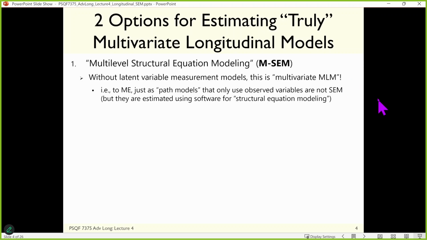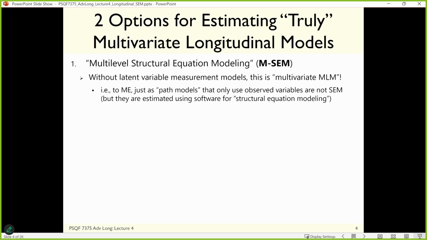So there are two options for estimating what I would call truly multivariate, meaning you're not trying to trick univariate software into doing it. MSEM, this kind of drives me nuts. Folks use this word, multilevel structural equation modeling, even for models that don't really have latent variables. Like in example 2, where we had grumpiness predicting glucose, I fit that using Mplus, and that makes it a multilevel structural equation model, even though there are no latent variables.